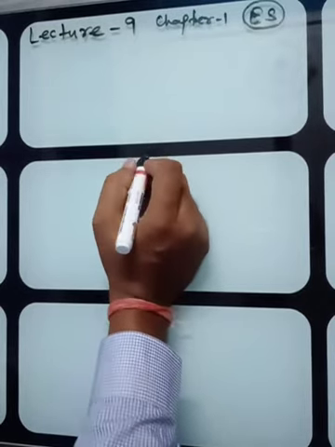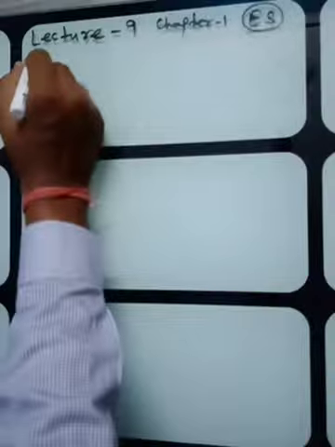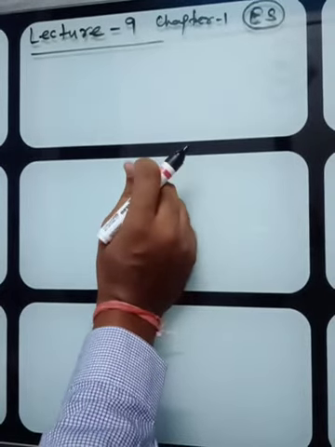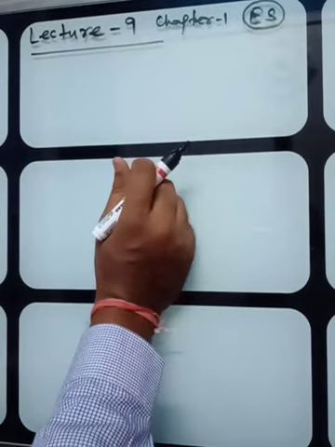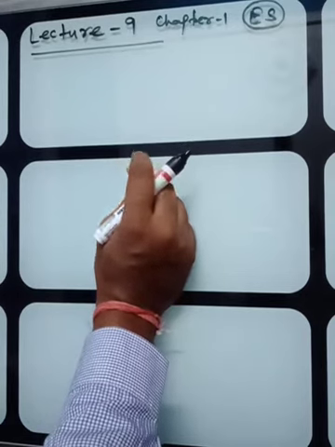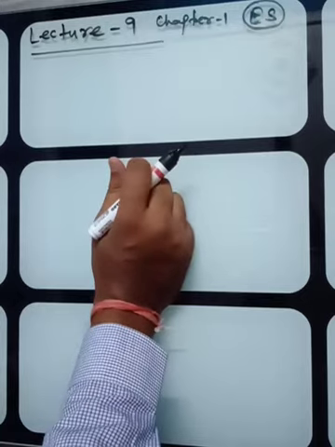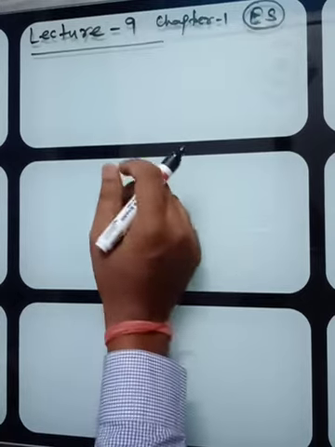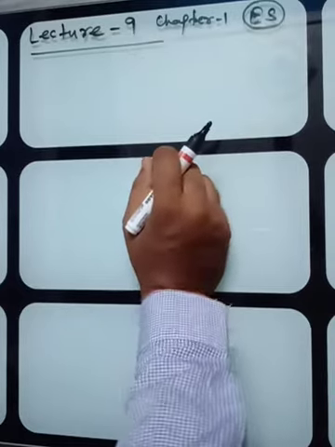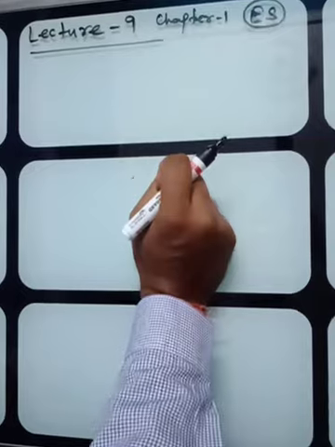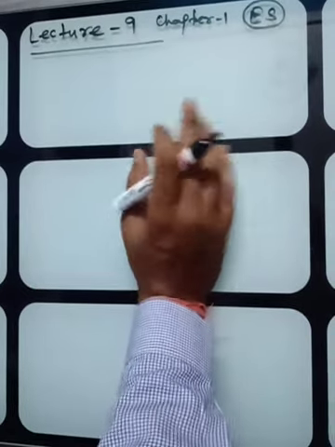Now students, today in lecture number 9 we'll continue with electric field and some important questions on the basis of that electric field. In the last lecture we finished how to find the net electric field using the superposition principle.